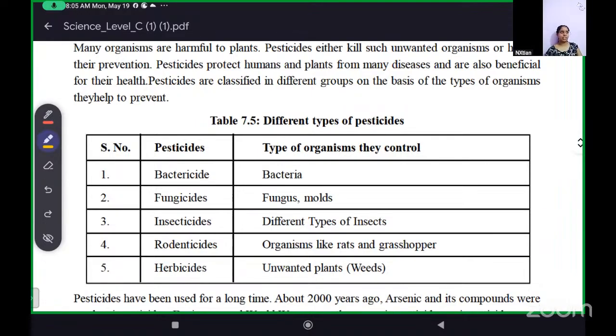That is true, Abraham. Some pesticides are very harmful, and if they form a layer on the fruit or vegetable, and we consume it, and it's not able to come out after washing, then it can be harmful for humans also. That is why it is suggested to use organic pesticides.